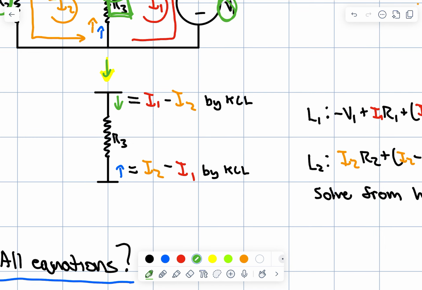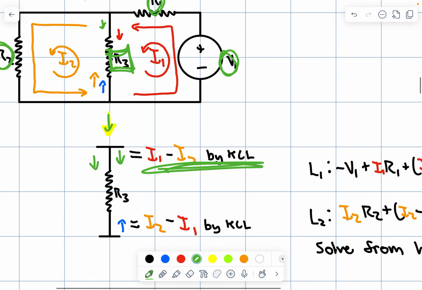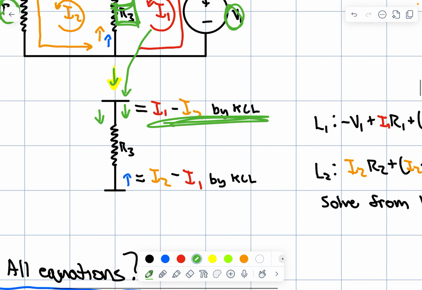I have analyzed by KCL, and I encourage you to do this yourself, that if we're looking at the loop I1, there would be a current flowing downwards right here, and that current is I1 minus I2.